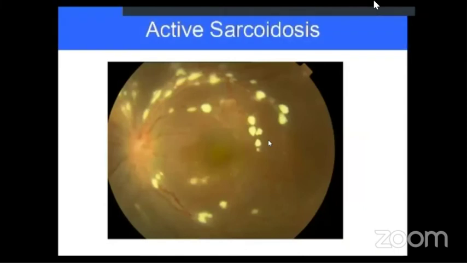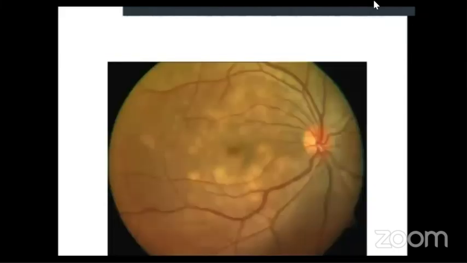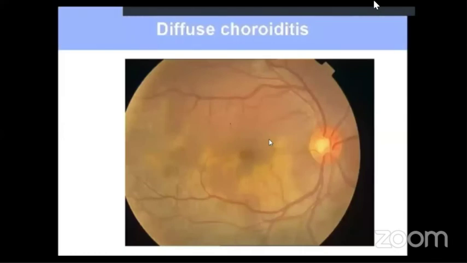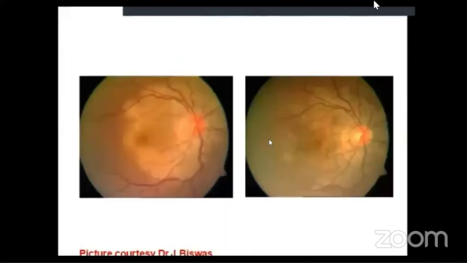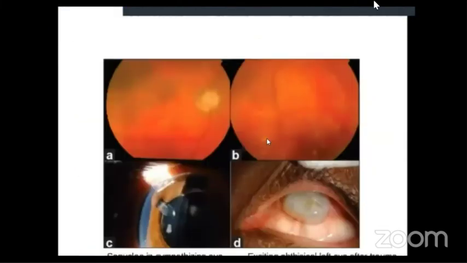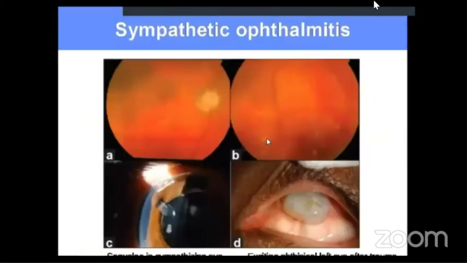String of pearls appearance in sarcoidosis. Multifocal choroiditis, diffuse choroiditis, serpiginous choroiditis. You can see active as well as healed. You can note morphological differences between active and healed. Sympathetic ophthalmitis, not only the sympathizing eye but also the complications in the exciting eye.